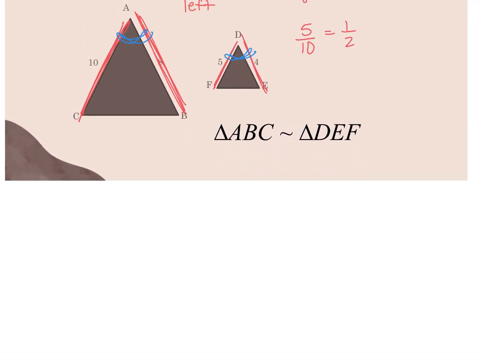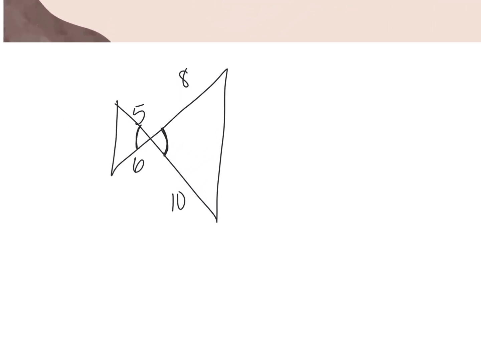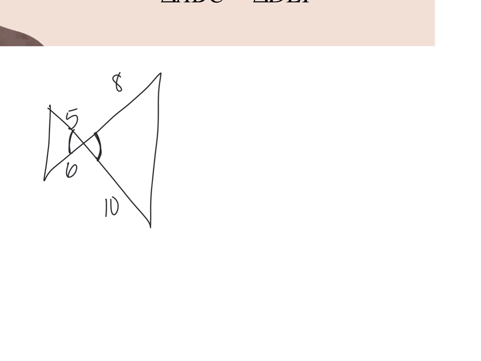I'm going to write underneath, you guys should just add a page. I'm going to give you an example of what's not similar and what would make it not included. So if I gave you two triangles, I have 5, 6, 8, and 10. We automatically know vertical angles are congruent. If I want to find if my sides are proportional, I would have 5 over 10 and 6 over 8.